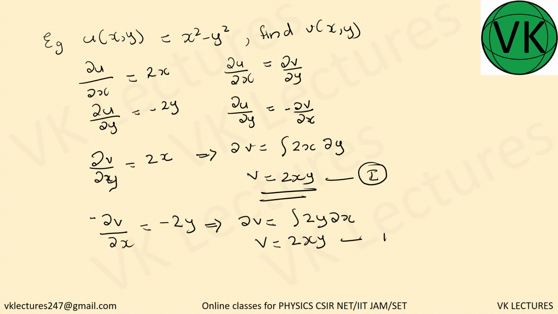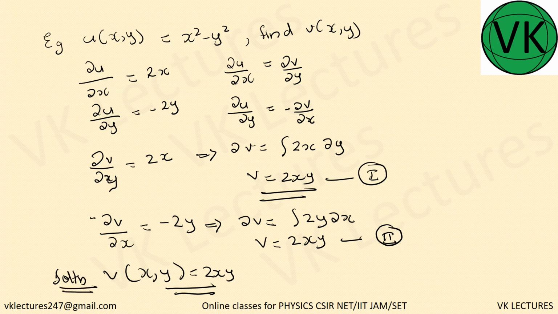This is the second integration. But since both the answers are same, we only need to take v as answer. V of xy is equal to 2xy. We don't need to add the repeated terms. Okay. So this is the procedure to find v of xy.